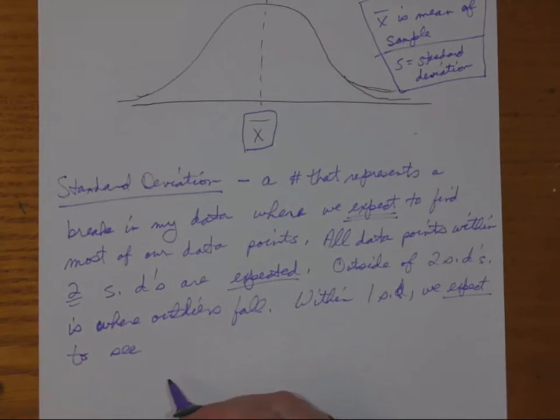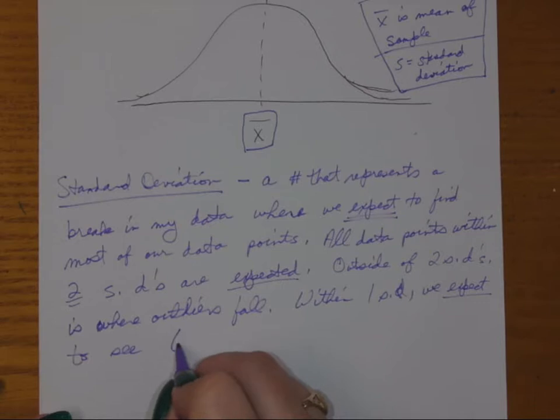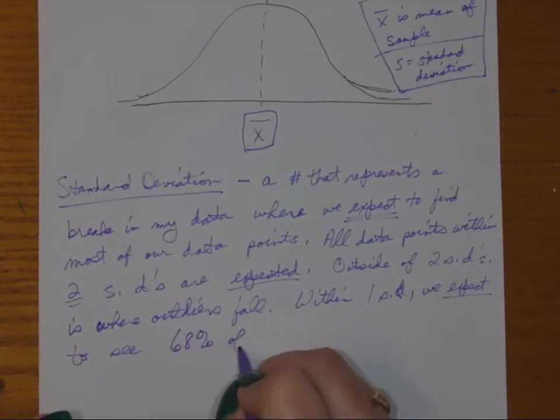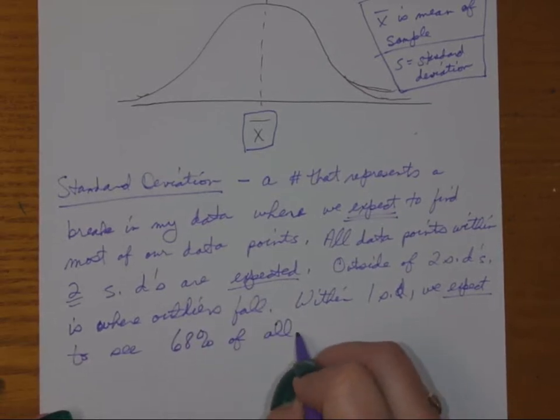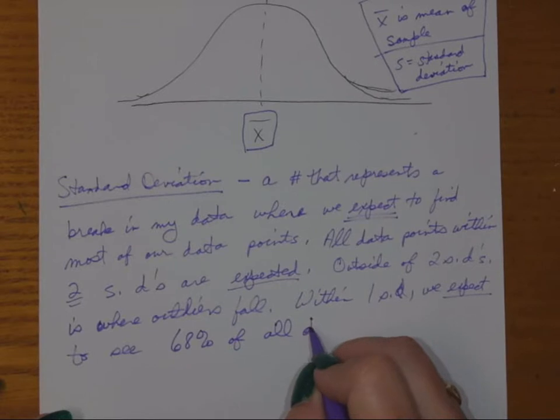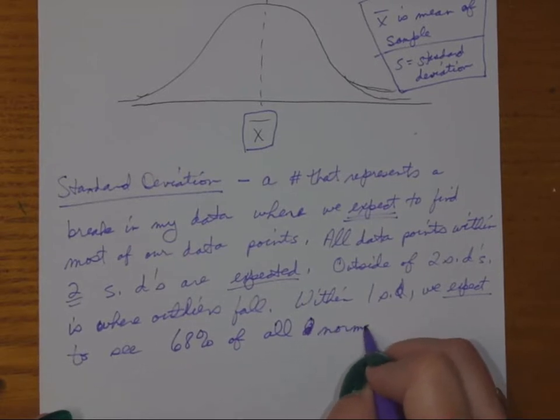If it's normal data, we would expect to see 68% of all normal data points.